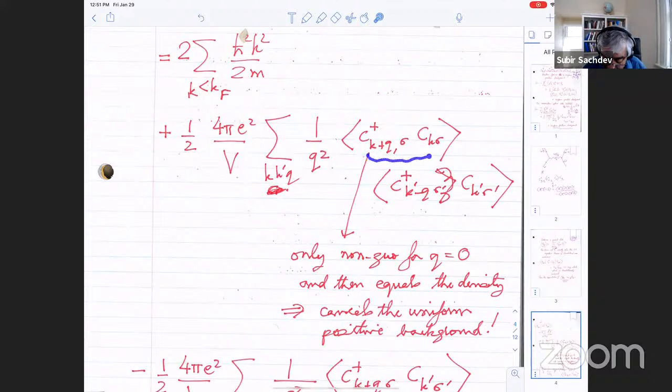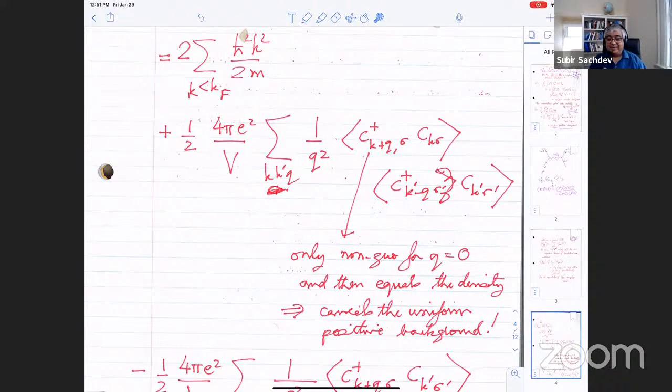So this is only non-zero when Q is 0. It has to conserve momentum. So we have to put Q equals 0. And the same over here. But Q equals 0 is an infinity out there. Okay. So what we are finding is that somehow the whole thing is blowing up.